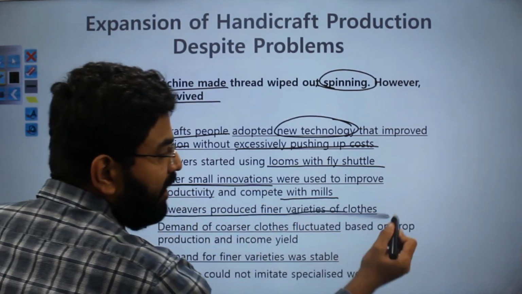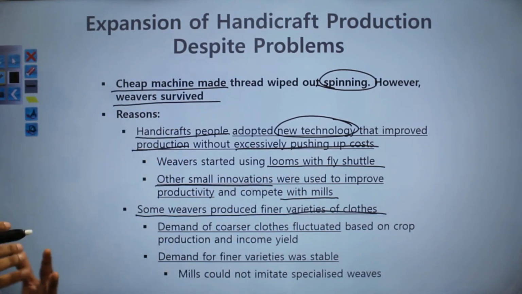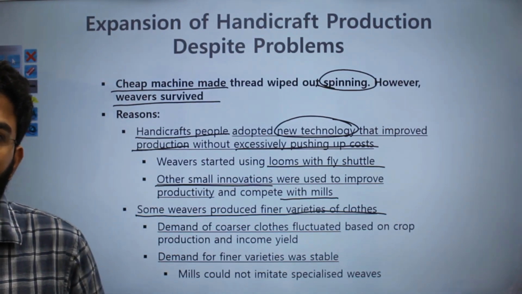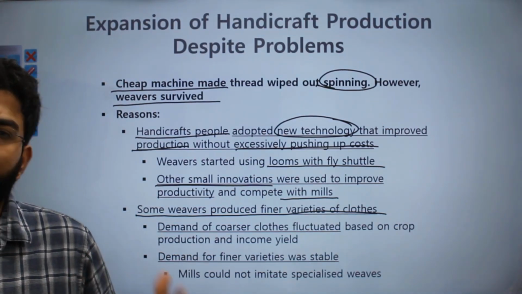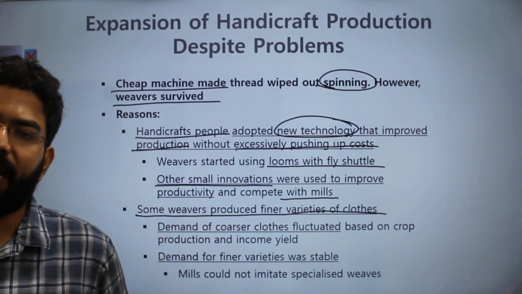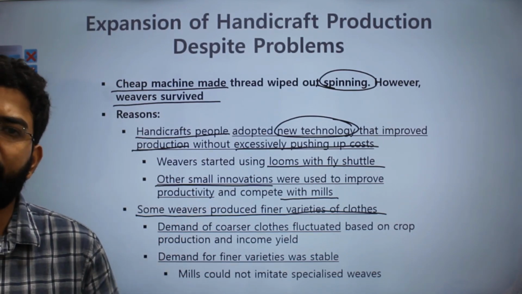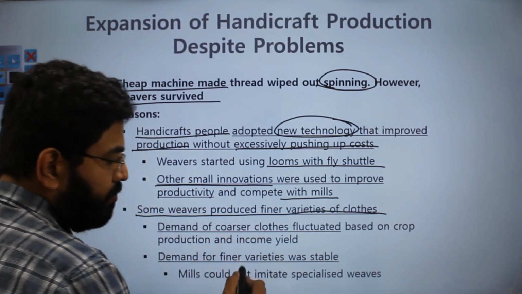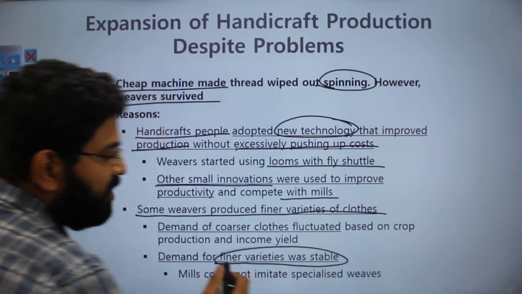Some weavers produced finer varieties of cloth. The cheap machine made cloth is different, and the upper class generally went for handmade products, and here the weavers had a significant advantage because they catered to the upper class. Hence, they had a stable demand. So the demand for finer varieties was stable.